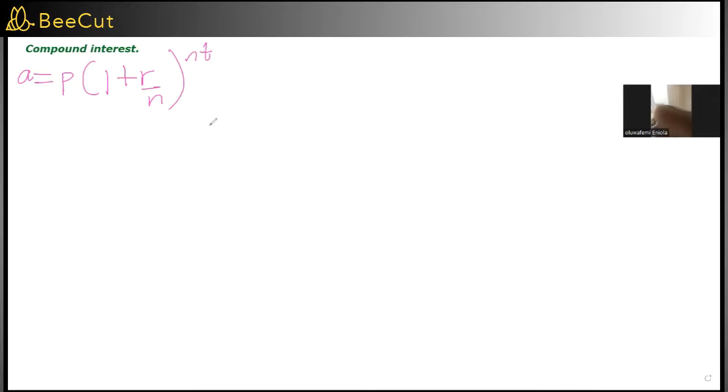And this R, N, and whatever. So the A, let me change that to capital A because the formula represents capital A.